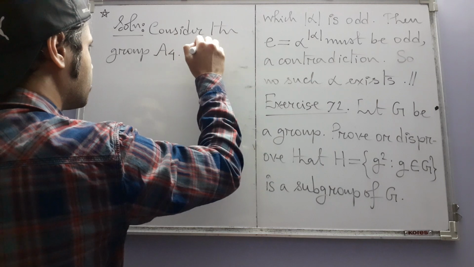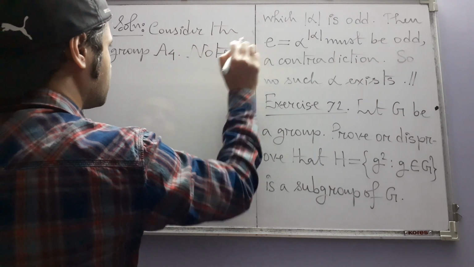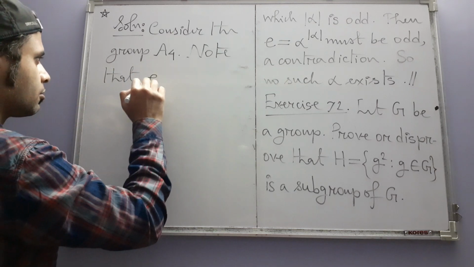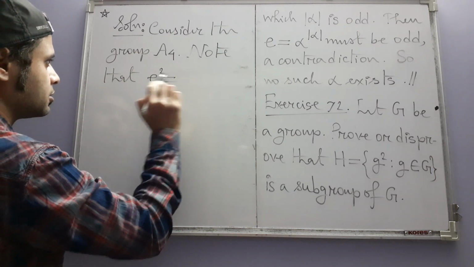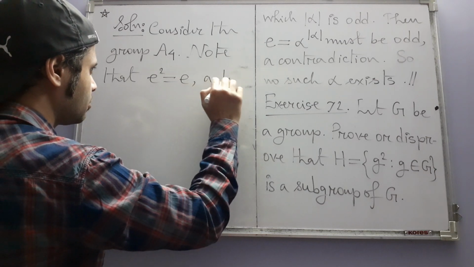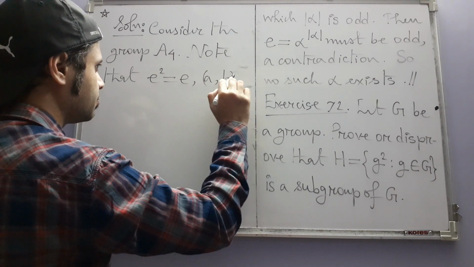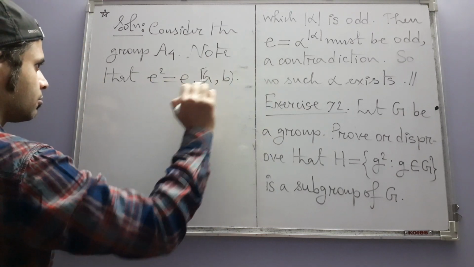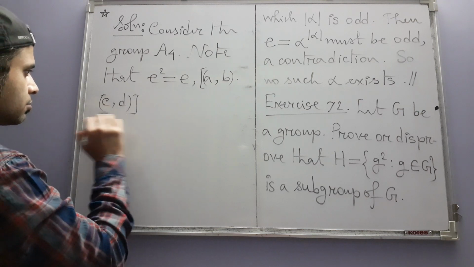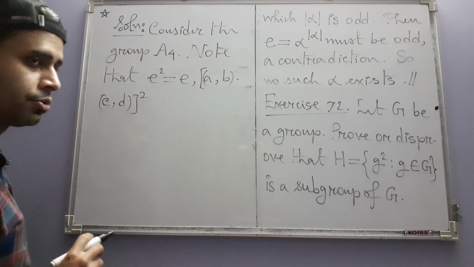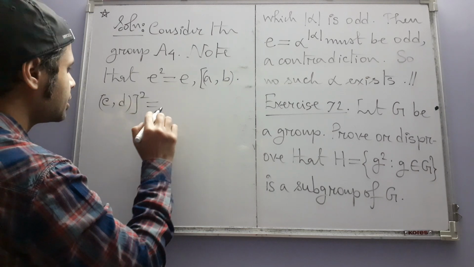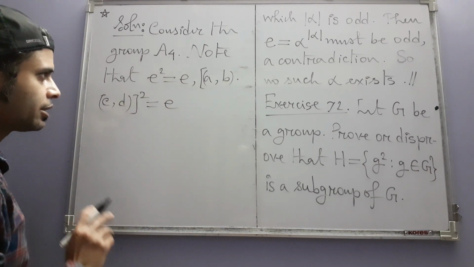Note that E square is equal to E, of course, and the square of the product of 2 disjoint cycles is also equal to E, because disjoint cycles commute.